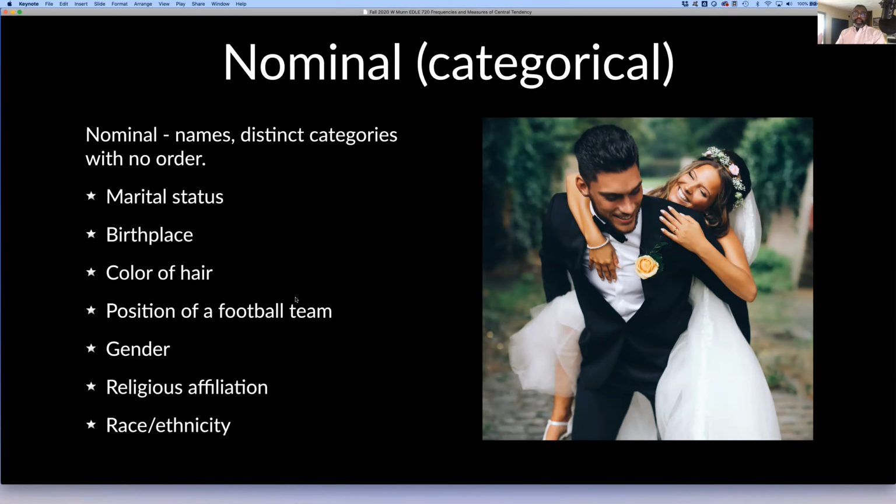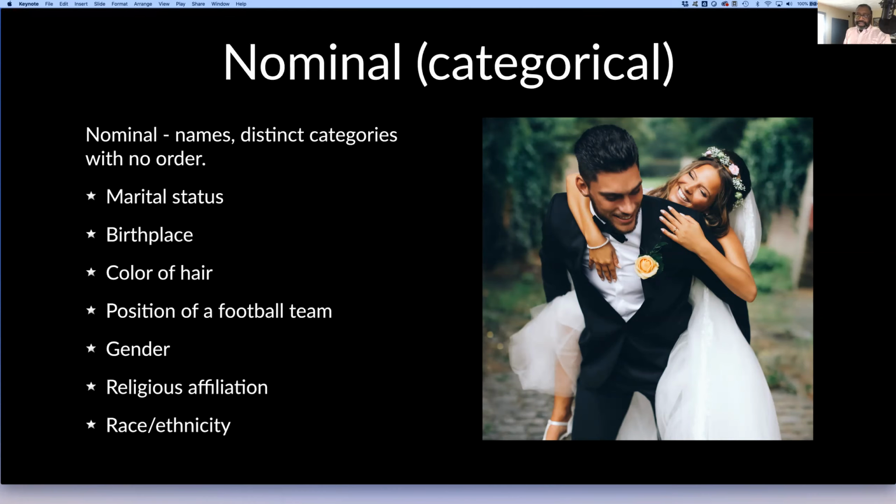Or if we have a column of students or principals in a data set, with birthplaces beside their names, we're not going to assign order to birthplace or to color of hair.